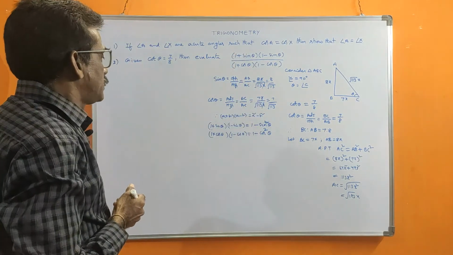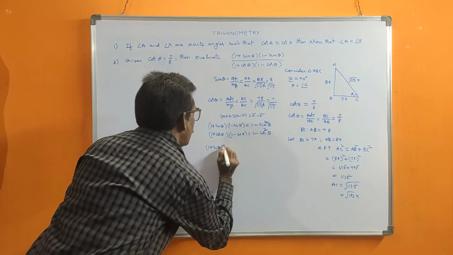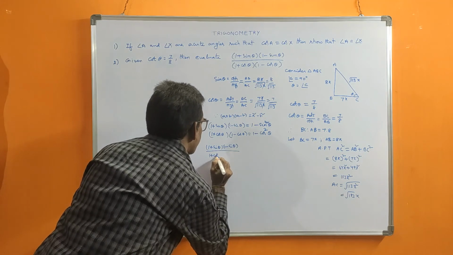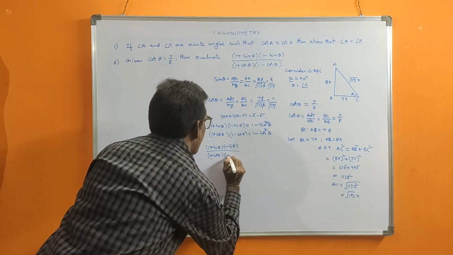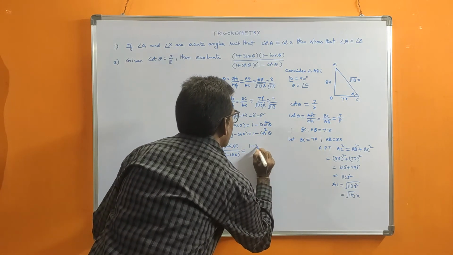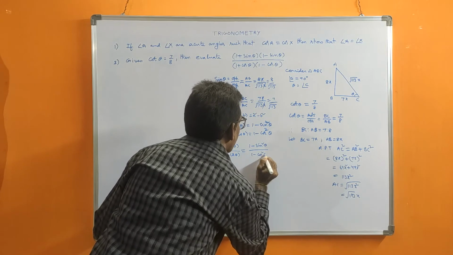So now 1 plus sin theta into 1 minus sin theta, whole by 1 plus cos theta into 1 minus cos theta, equals 1 minus sin square theta by 1 minus cos square theta.